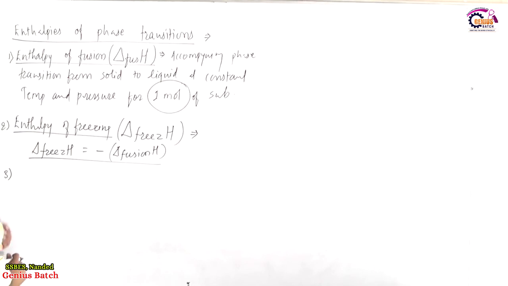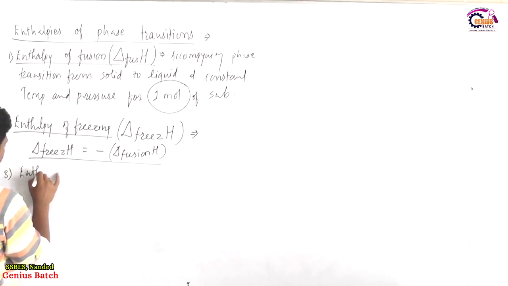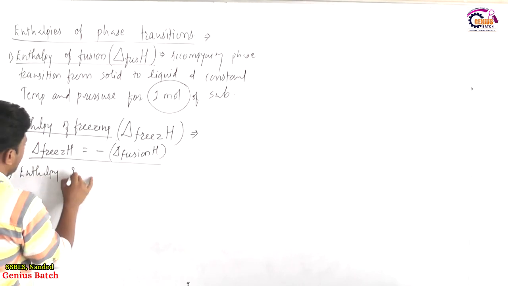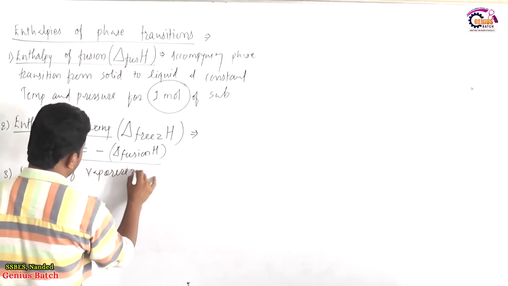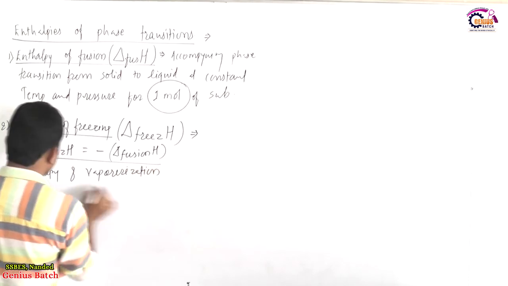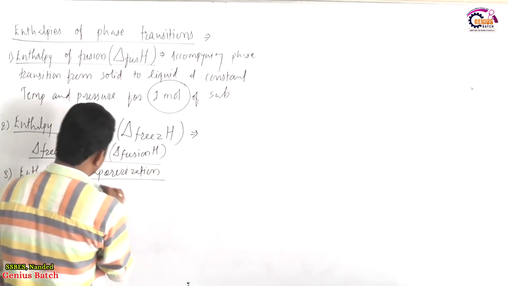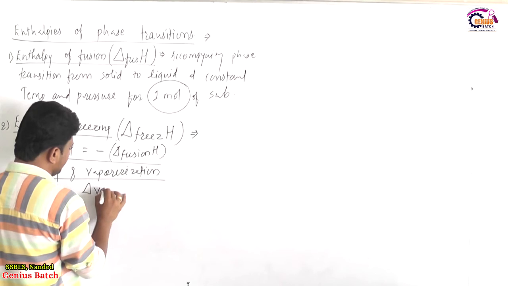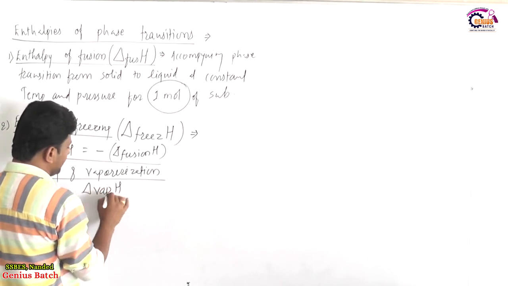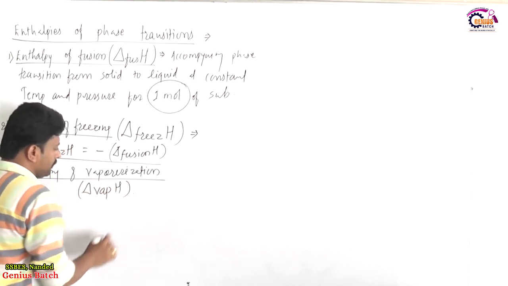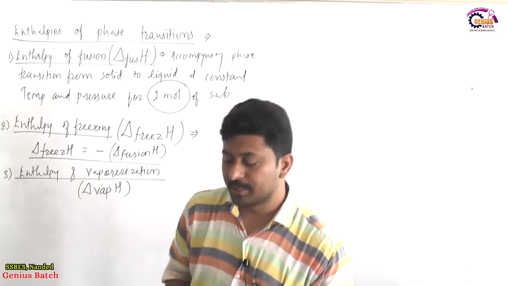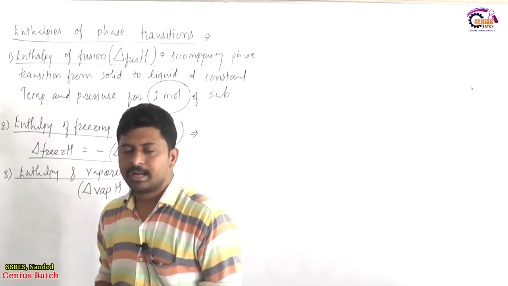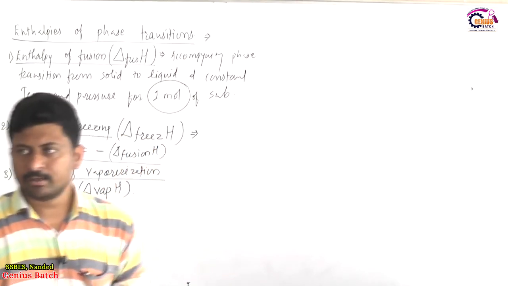Okay. Then next to this is enthalpy of vaporization. Now what is enthalpy of vaporization? Enthalpy of vaporization is denoted as delta vap H. This is also the conversion of 1 mole of liquid into gas at constant temperature and pressure.